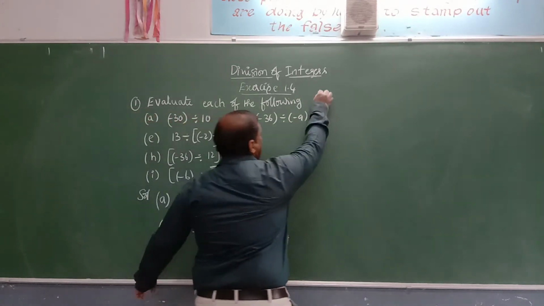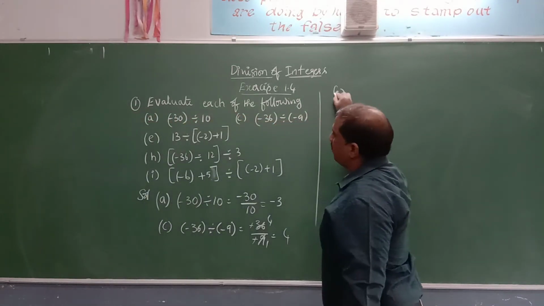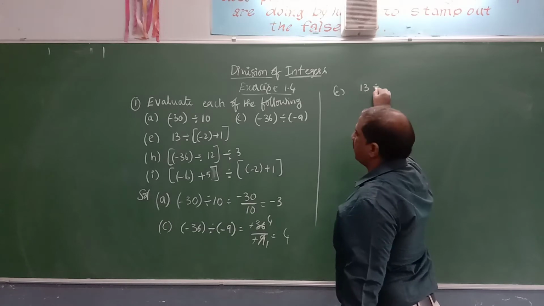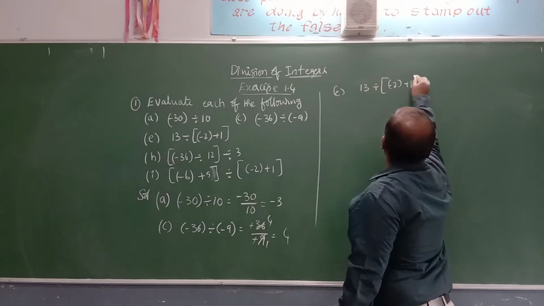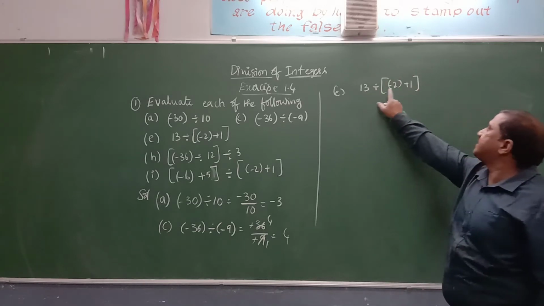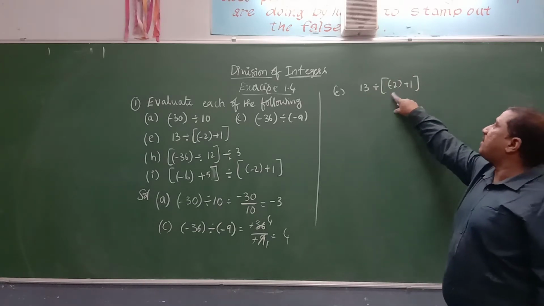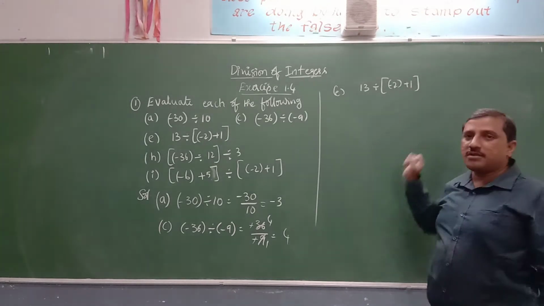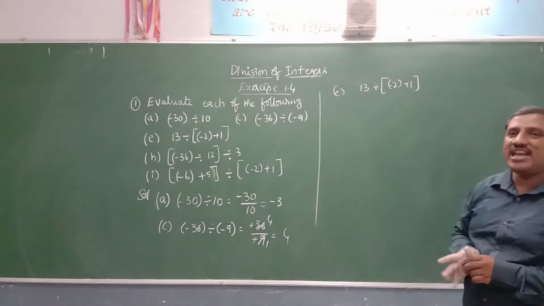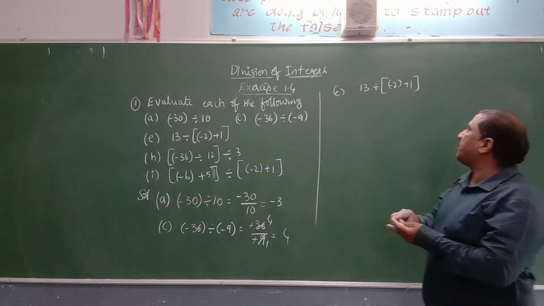Next, the E bit: 13 divided by whole minus 2 plus 1. Here 13 is divided by the sum of two integers, minus 2 and 1. As per the BODMAS rule, we first simplify inside the brackets.